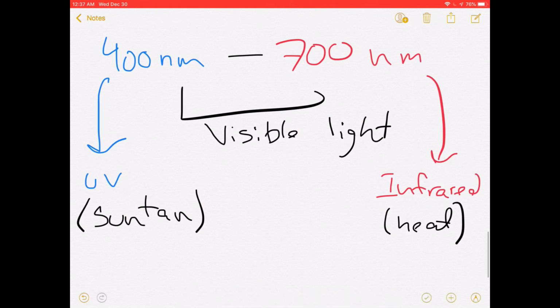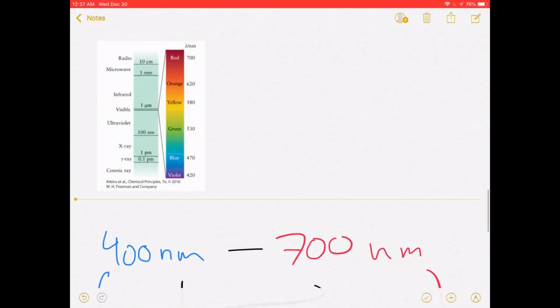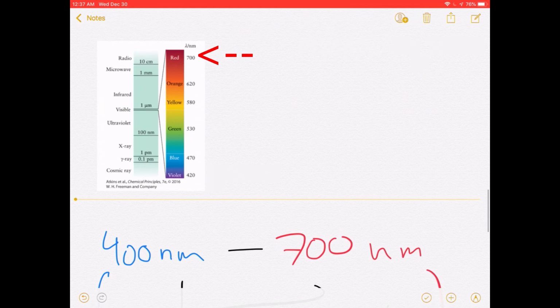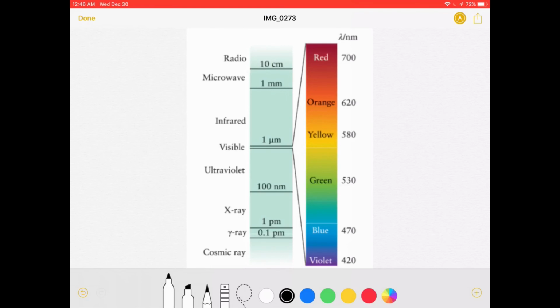The visible light spectrum falls within the rainbow of colors that we can see, with blue falling towards the 400 to 420 nanometer region and slowly increasing up towards red in the 700 nanometer region. It's important to note that the electromagnetic spectrum is not just composed of visible light. In fact, visible light only takes up a very small portion of the overall electromagnetic spectrum.